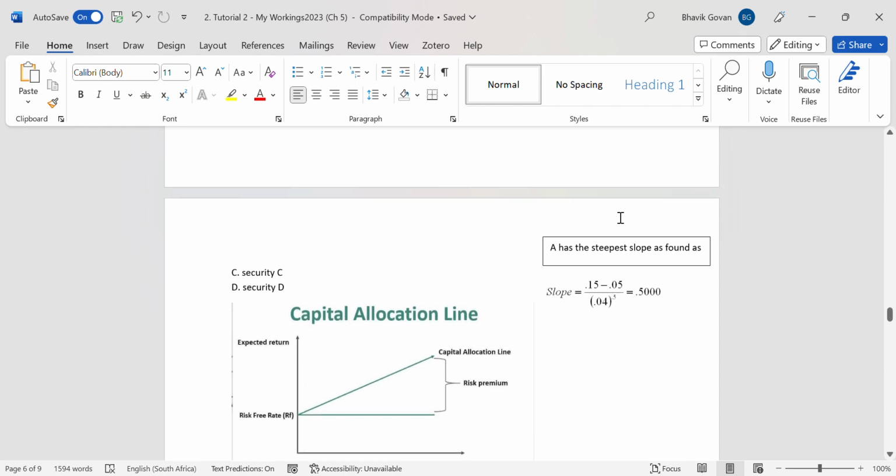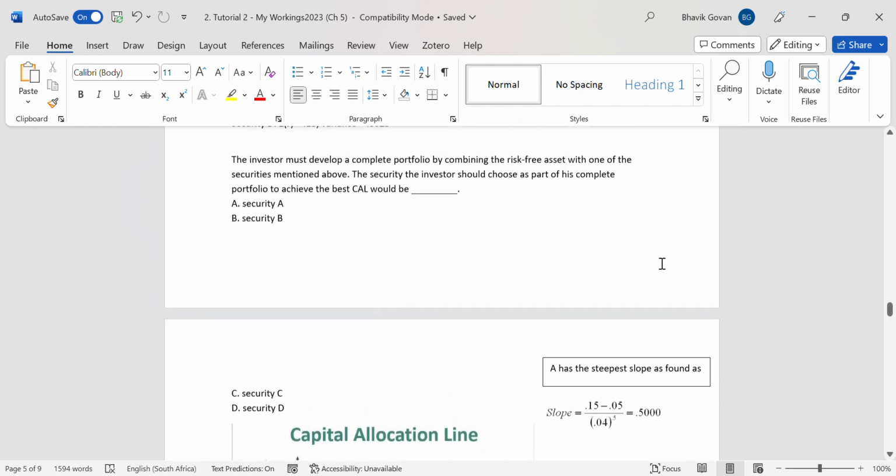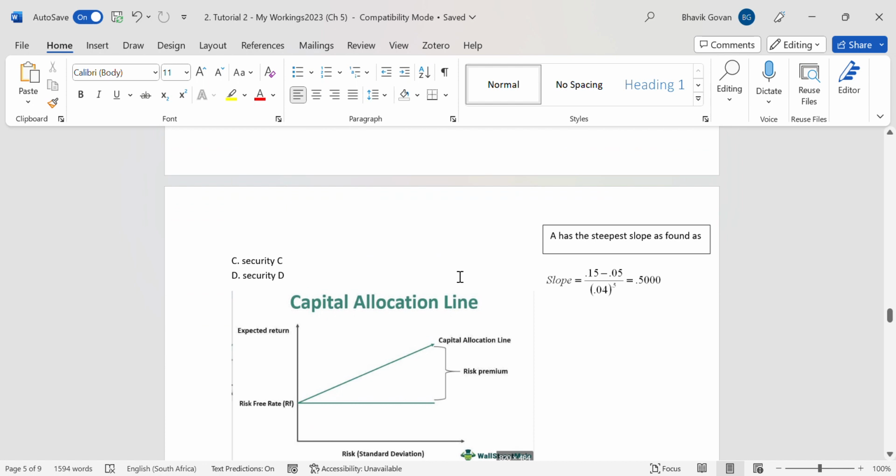So gradient, the steepest slope. Basically, if you had another line that was below this capital allocation line, that really wouldn't be that efficient because you want to maximize expected return per unit of risk.